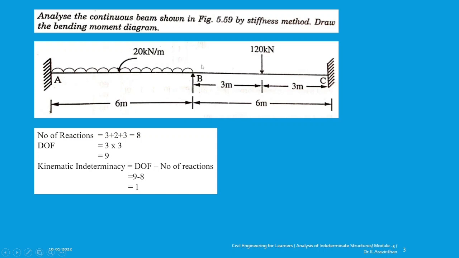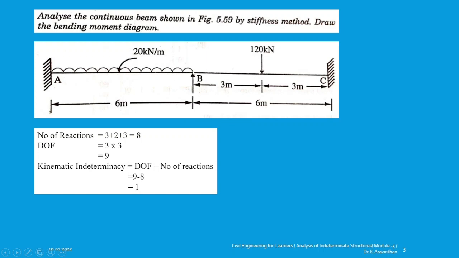How am I saying that? Note here, the B is a hinged end. There is a possibility of moment rotation here. This joint can rotate. The fixed joint will not rotate. So it is fixed and it is rigid. So if you apply any moment here, at this joint there will be no rotation.